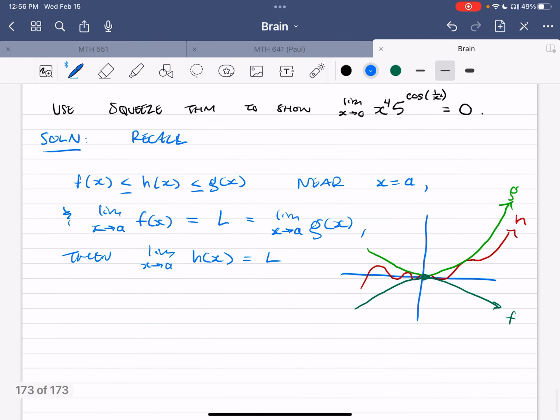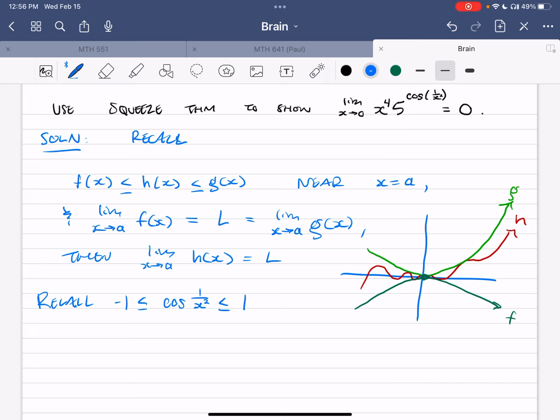We know, I'll say another recall, that negative 1 is less than or equal to cosine of any value, which is less than or equal to 1. So this is true for cosine of any value, so this should be true for cosine of 1 over x squared. Here we maybe need to worry x is not equal to 0, but it's not since we're in the limit.